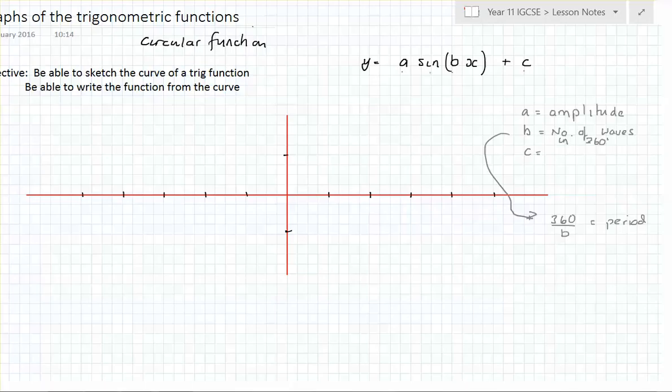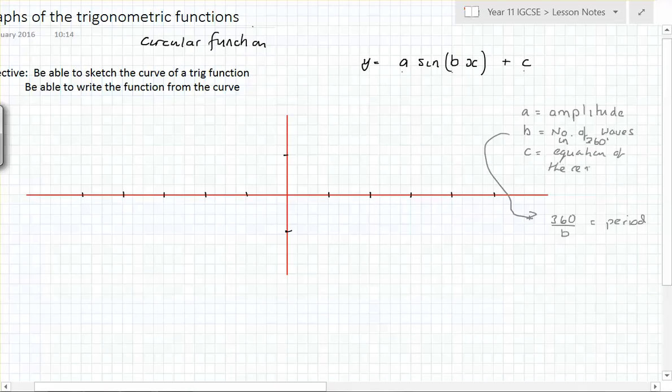And it also depends where you start from. Okay? But they do both go above and below a certain line. And this is the equation of the centre line. People call it the line of symmetry, but it's not a line of symmetry either.